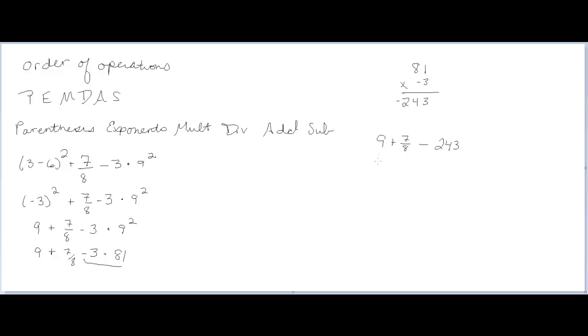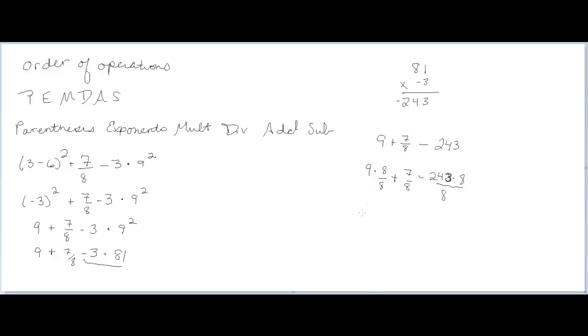So we've got to find a common denominator here. So that's 9 times 8 over 8 plus 7/8 minus 243. And I'm going to make this a common denominator as well. That is a 3.